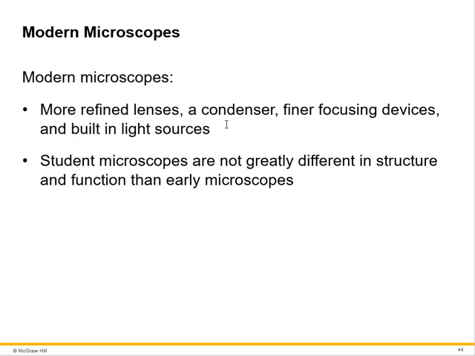The picture is edge to edge, clear, and in focus. And they have built-in light sources. When I was in high school, we used little mirrors to get the light from the room into the microscope, or we had to be out next to the windows to be able to see. It's not like that anymore. And we have much more extensive microscopes, so we'll talk about that when we get into the microscope lab next time.